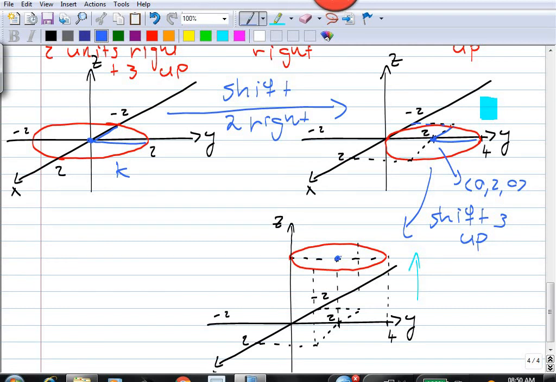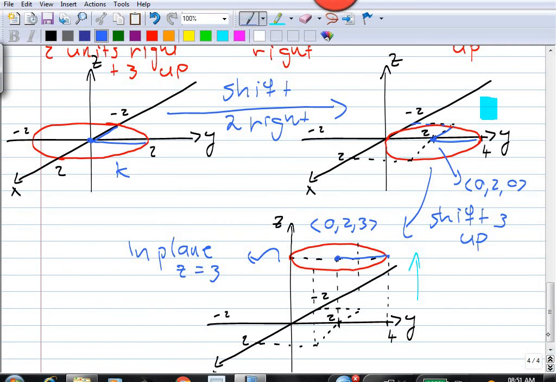We've moved it 3 units up, so it's gone from 0, 2, 0 to 0, 2, 3. It has radius 2, going from here to there, and it sits in the plane z is equal to 3.